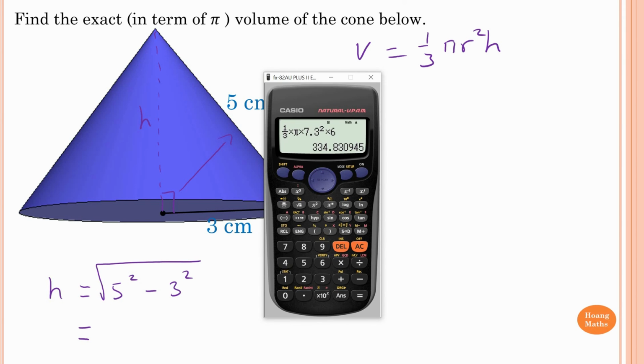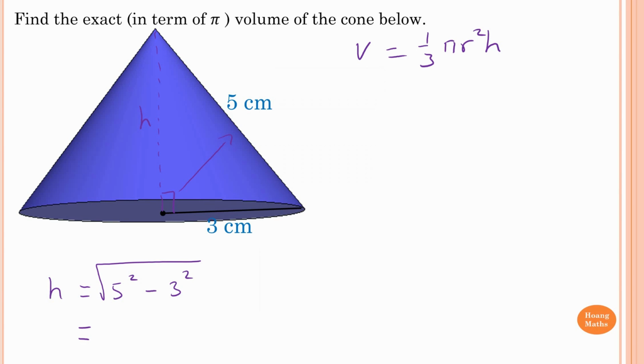So just put in calculator. Otherwise, if you recognize this is a triad, you can just write the answer is 4. Otherwise, you just go square root of 5 square minus 3 square. That's all. So it's 4. So the perpendicular height is 4. Now we just substitute into the formula.